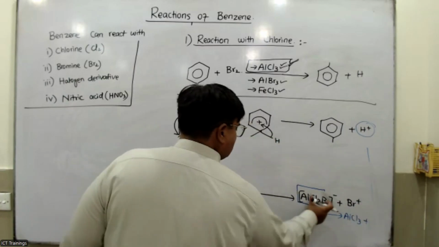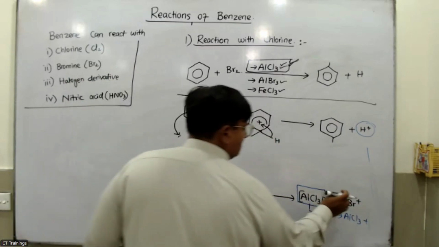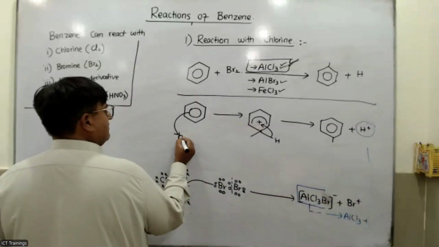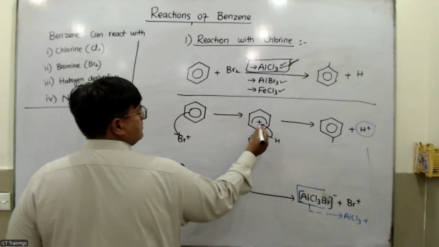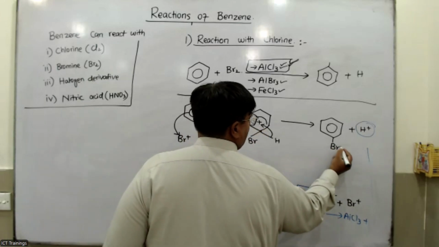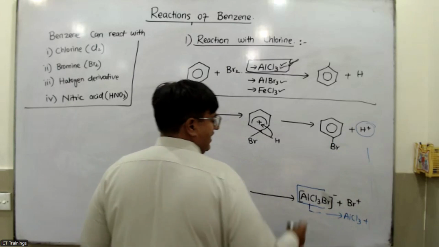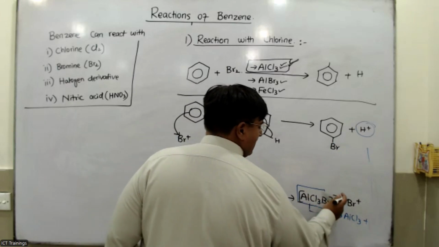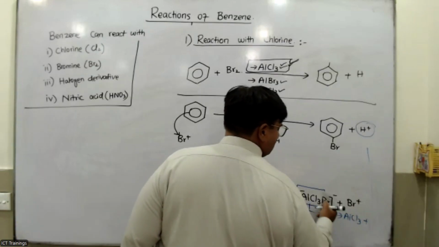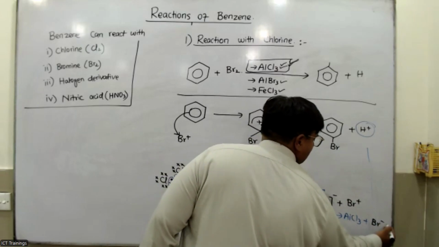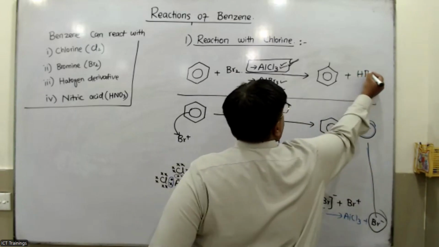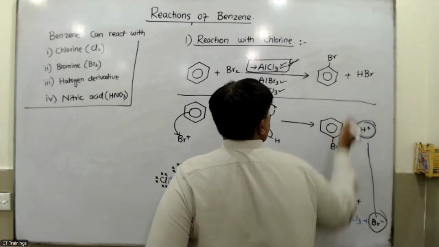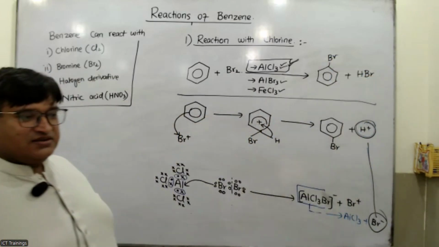Now this Br positive is going to attack up here. Okay. So this is Br and the Br is attached up here. And then this AlCl3Br negative would break down to form AlCl3 and Br negative. So this Br negative and H positive would form HBr, and Br would be attached up here. So this is the whole reaction happening.